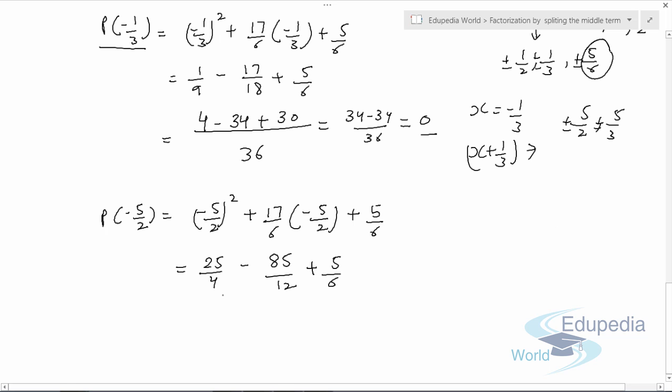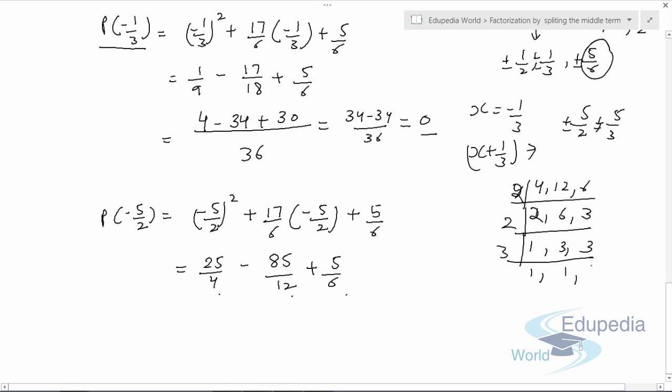Again we have to take the LCM of 4, 12 and 6, and the LCM is 12.